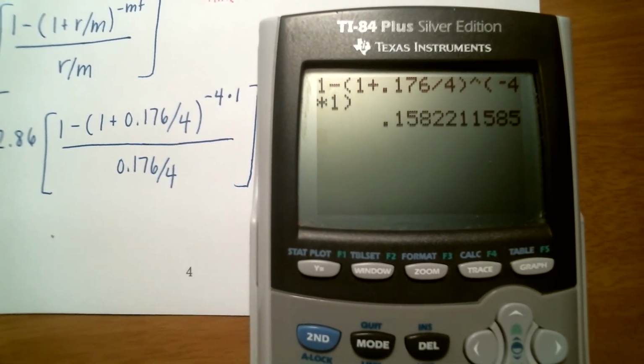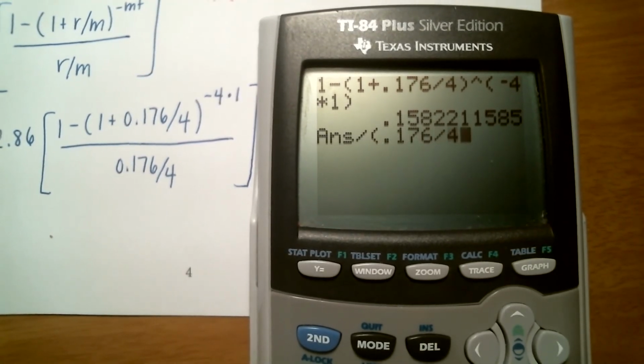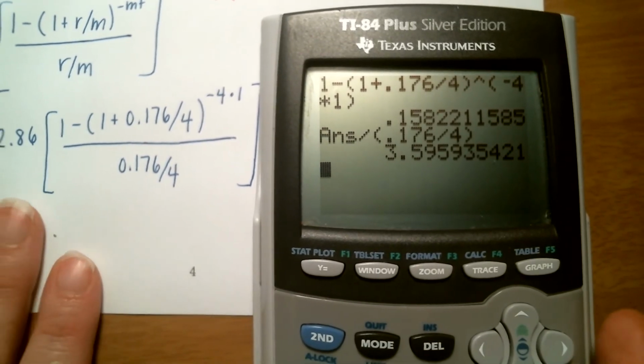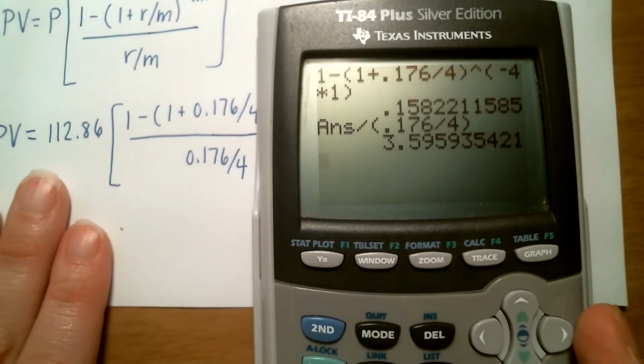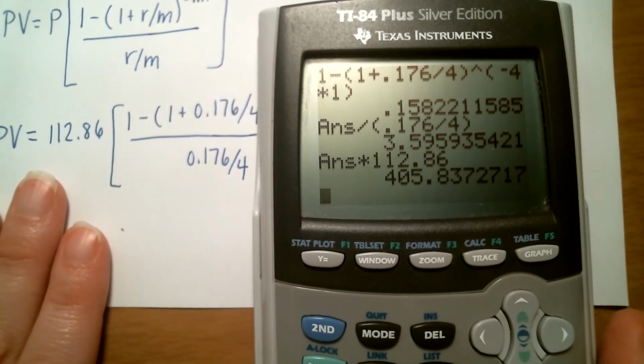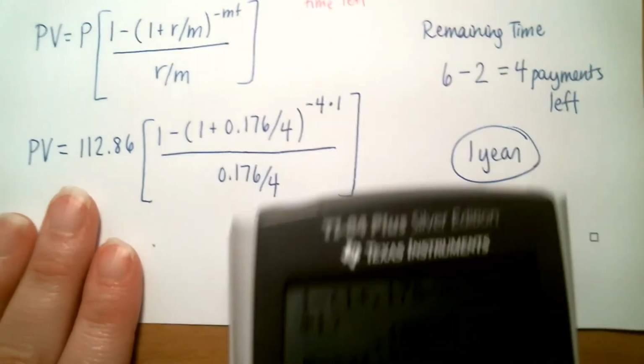That's the numerator. We're going to divide by the denominator. This is what's inside brackets. Now we need to multiply that by the payment, so times $112.86. There's your decimal. I'm going to write out all the digits and then we'll round.